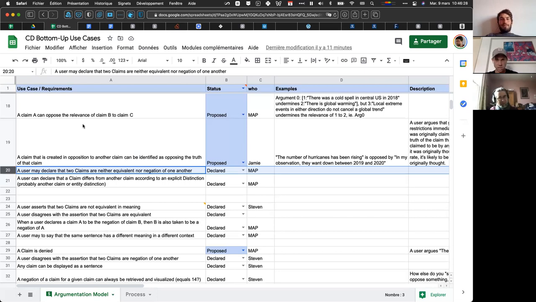Okay, but then that means this textual claim is not connected in the system with these two other claims. It would be connected if it were used as an argument. If it's not connected, it's a standalone claim that you could then debate. Yes, I understand.